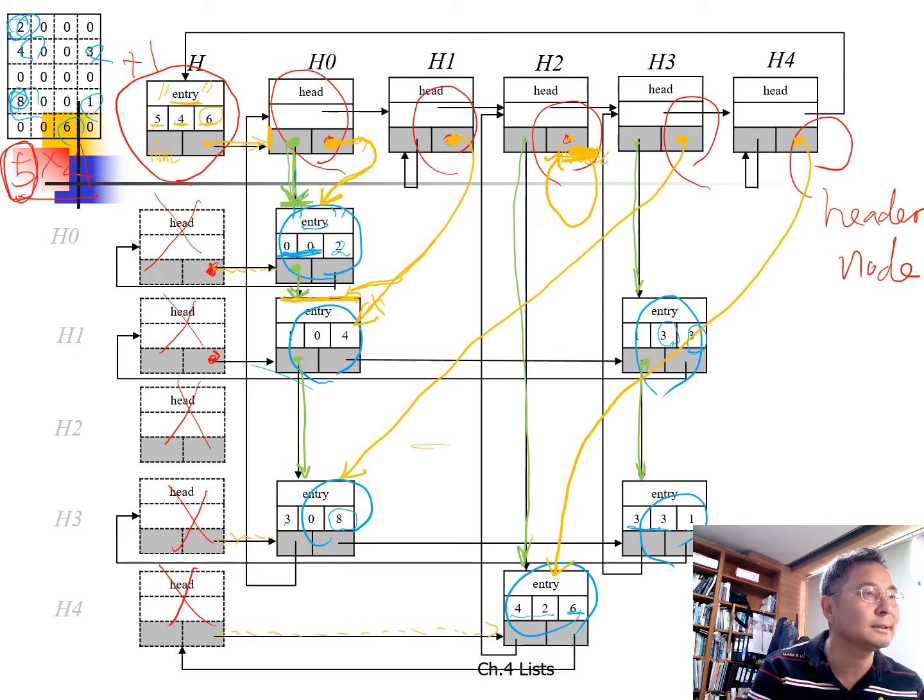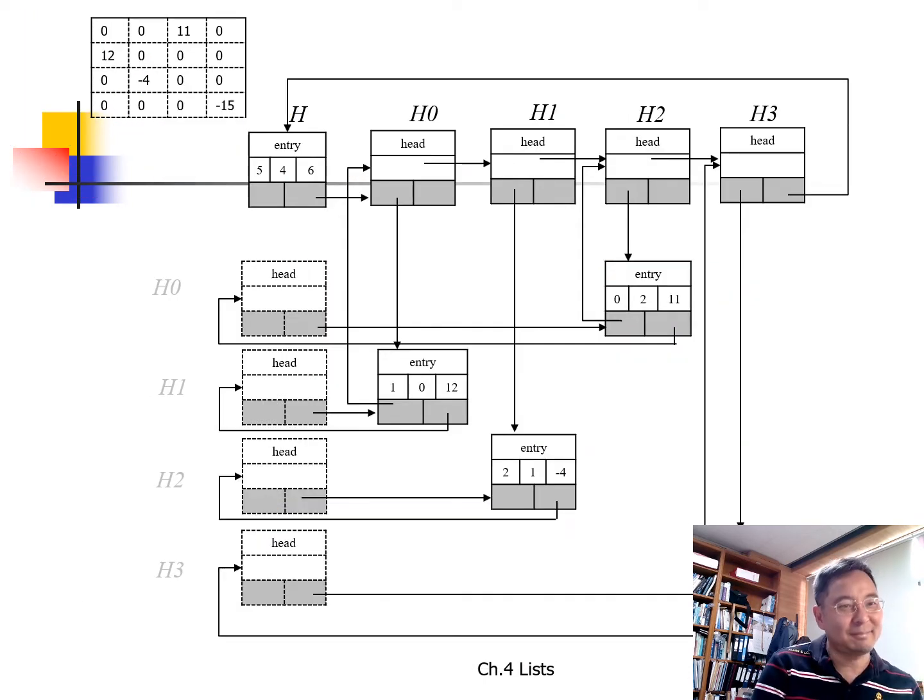Let me go next. This is another example, so you can solve it yourself here. This is a 4 by 4 sparse matrix.